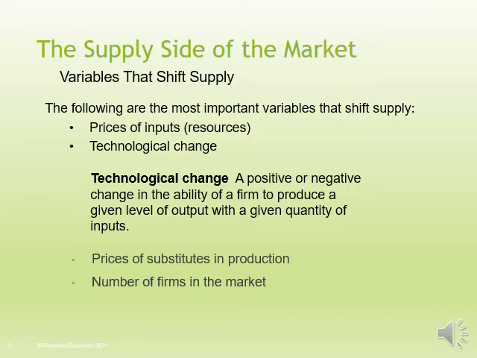Again, if the number of firms in the market decreases, that will be a decrease in the supply. And then also expected future prices. Remember, we talked about this in demand as well. At the moment, we're going through an economic crisis, and that will mean there will be a lot more poorer people in the next year.